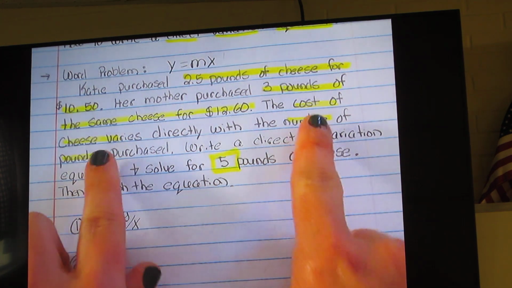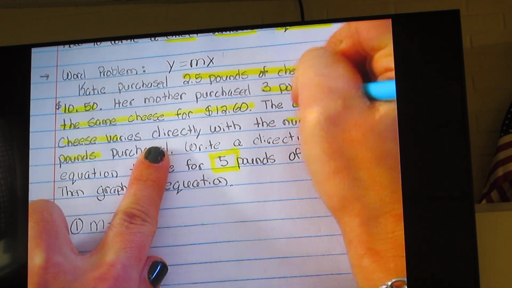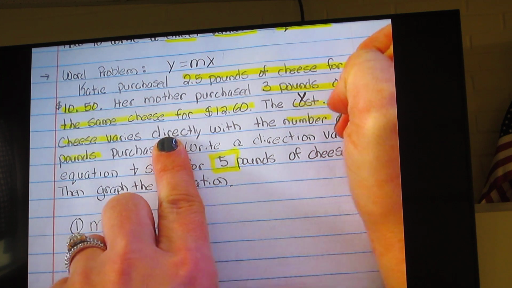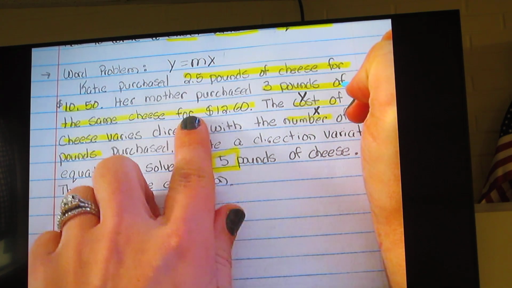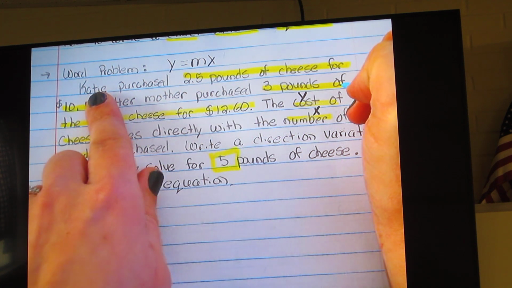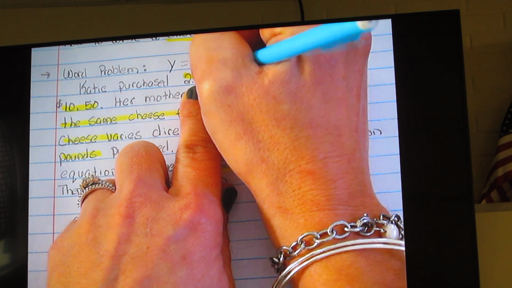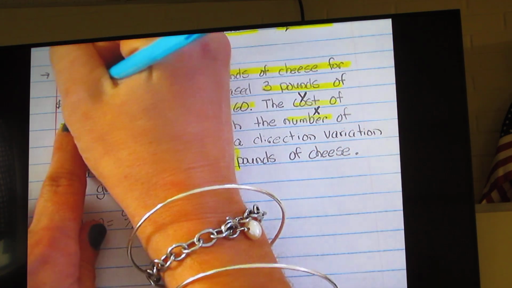So if I look at this sentence, the cost comes before the words varies directly, so this is your y. The number of pounds comes after the words varies directly, so this is your x. We can pick from either of these values they gave us. We'll just use Kate's. Kate purchased 2.5 pounds of cheese, so that's your x value, because the number of pounds is your x value, for $10.50.